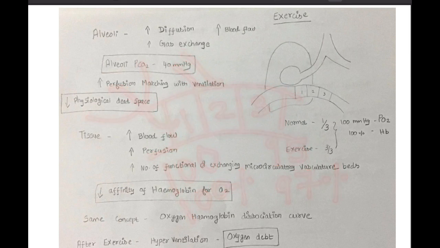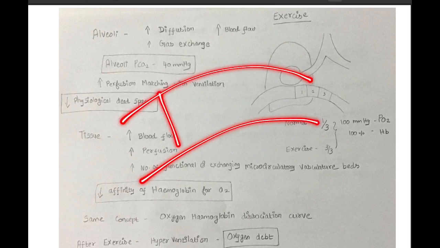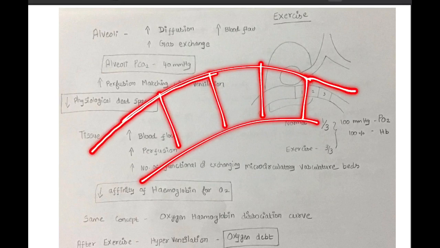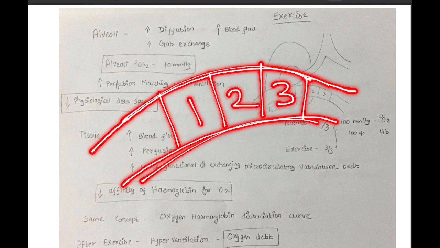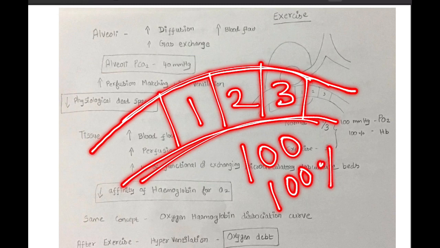97%. But when there is heavy blood flow, that is 30 to 35 liters of blood flow instead of 5 liters normally, in the 3 divisions of the pulmonary capillaries, due to the high amount of blood flow, the partial pressure of oxygen will remain 100, and the hemoglobin saturation also remains 100% due to the high blood flow through the pulmonary capillaries.